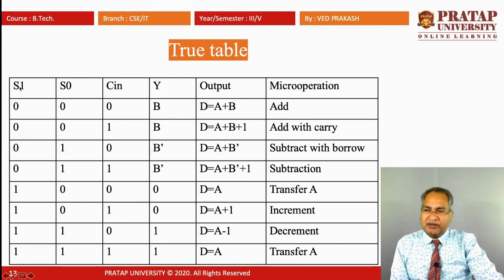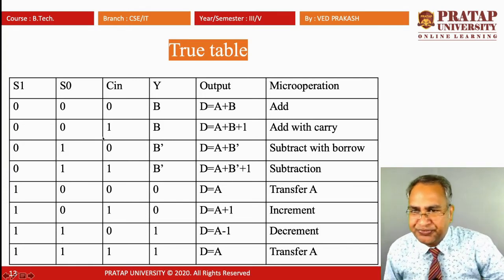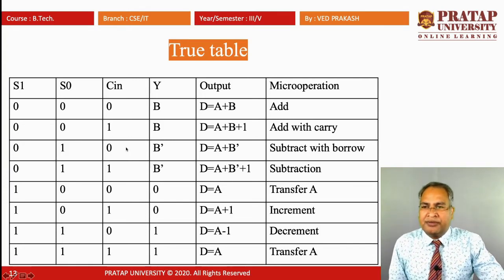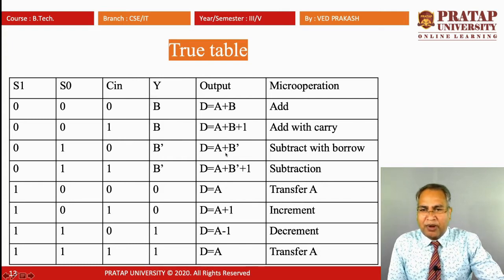Next, when we take the selecting lines S1 0 and S0 1 and the input carry is 0, we obtain at the Y terminal the complement of B, and at the D terminal we obtain A plus complement of B. So we can say this micro operation is basically subtraction with borrow.